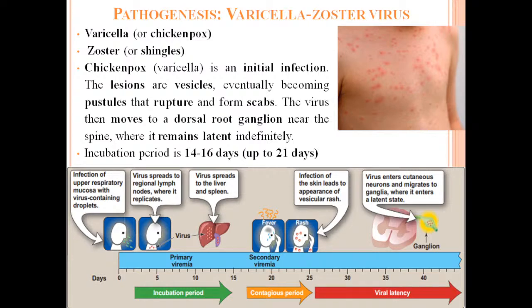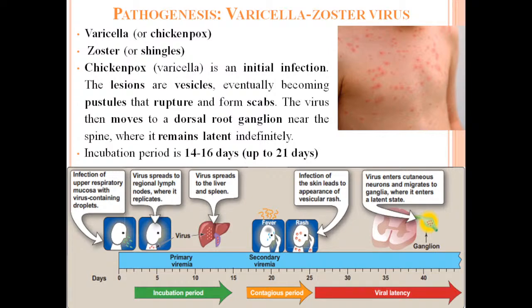We should wait for 21 days. If there are no clinical symptoms during 21 days, during 3 weeks, it means the patient is not infected. 21 days is the maximum incubation period for chickenpox.